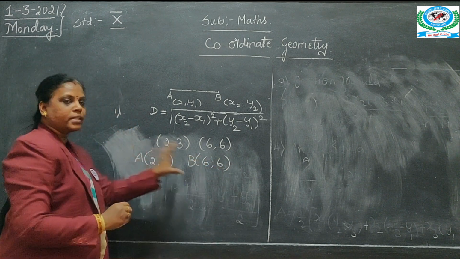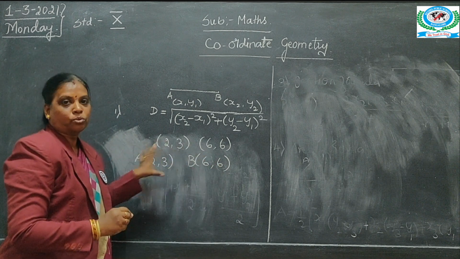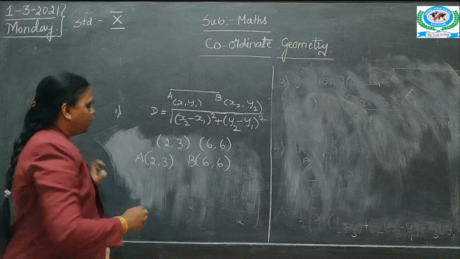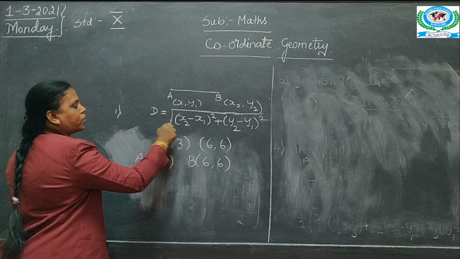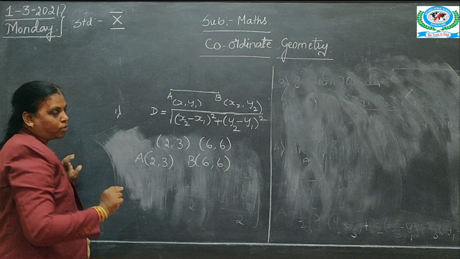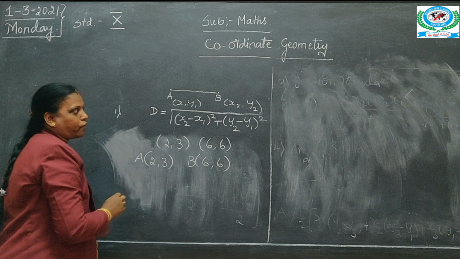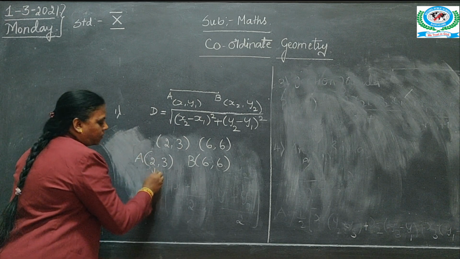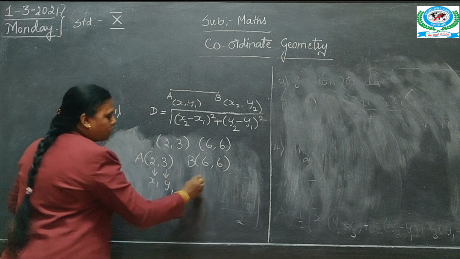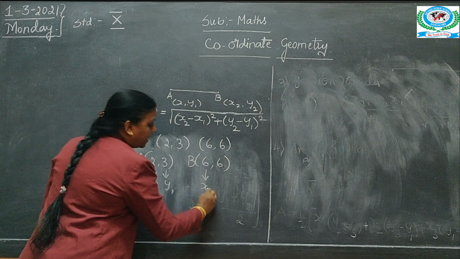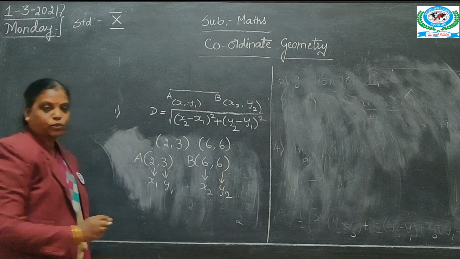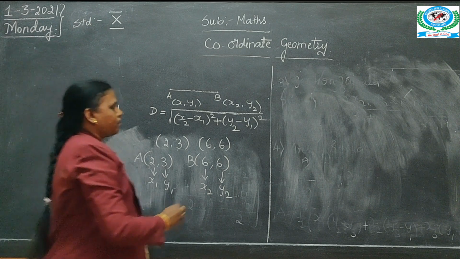You should find the distance between the 2 points, A and B. So D, first formula is D is equal to square root of x2 minus x1 the whole square plus y2 minus y1 the whole square. First write the formula, then take this as x1, y1, this as x2, y2, and substitute in the formula. So what is the formula?